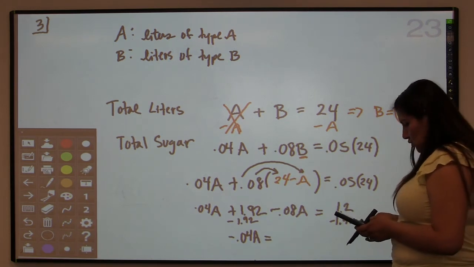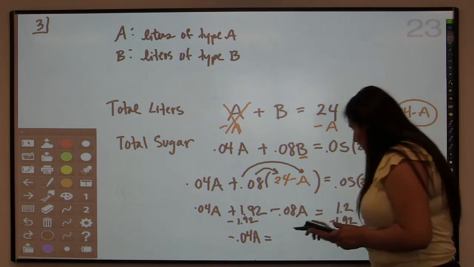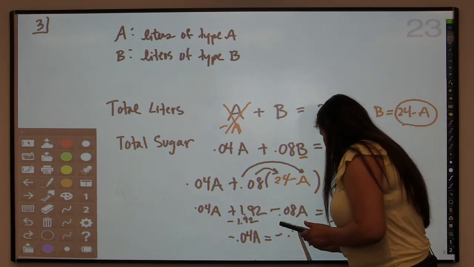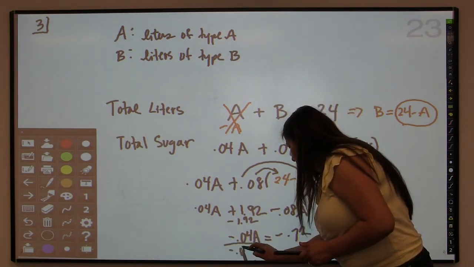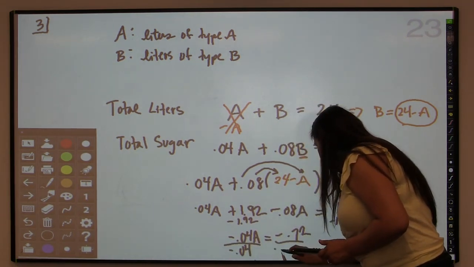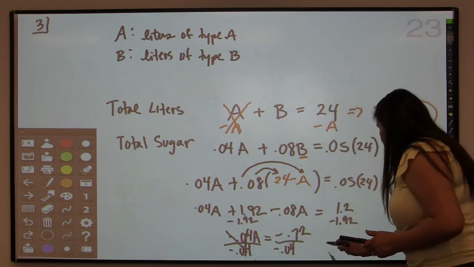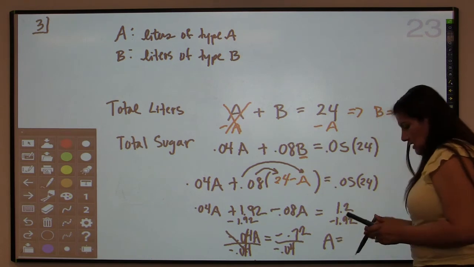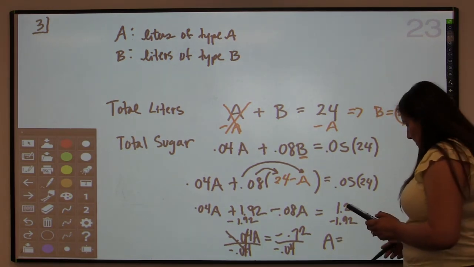is equivalent to negative 0.72. Divide by negative 0.04, divide by negative 0.04, and then this cancels, so in the end, A equals negative 0.72 divided by negative 0.04, which is 18.